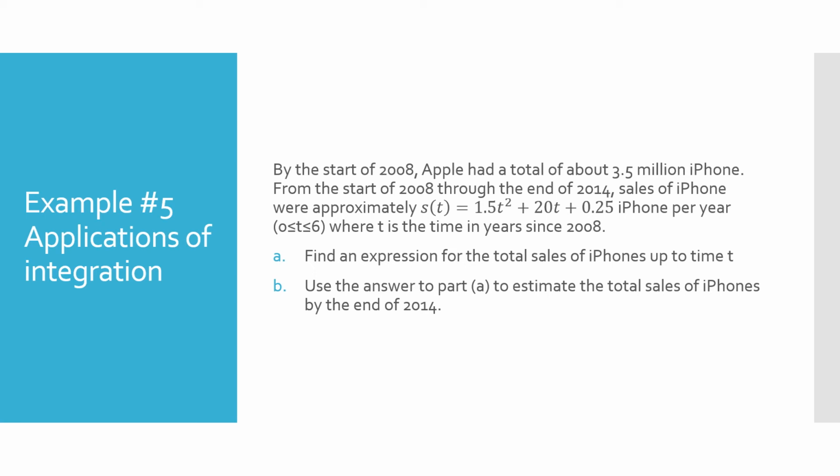For this problem, you're going to need to A, find an expression for the total sales of iPhones up to time t, and B, use the answer that we found in part A to estimate the total sales of iPhones by the end of 2014.